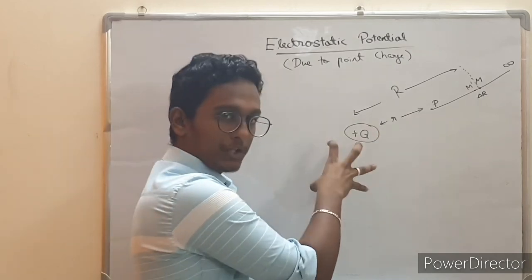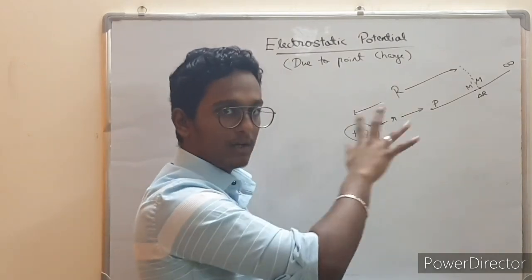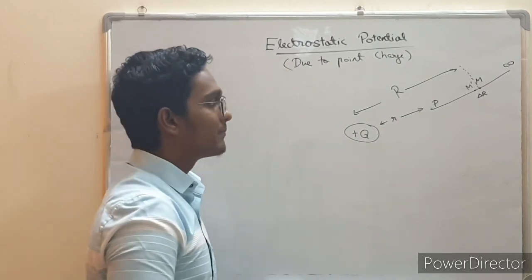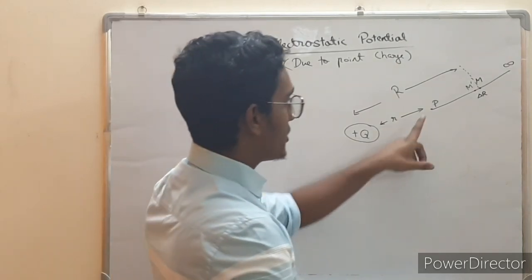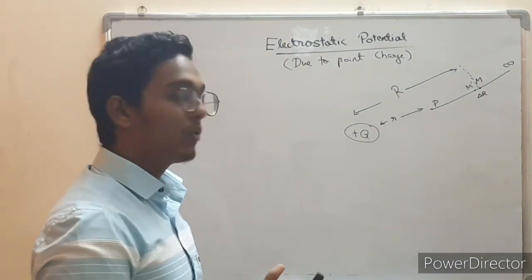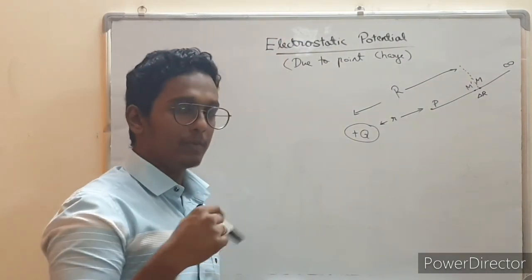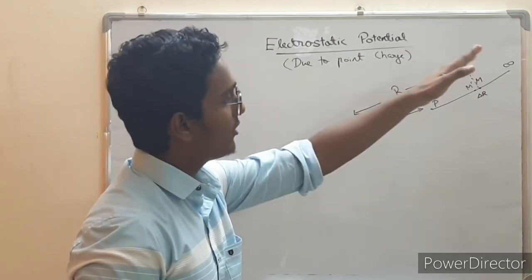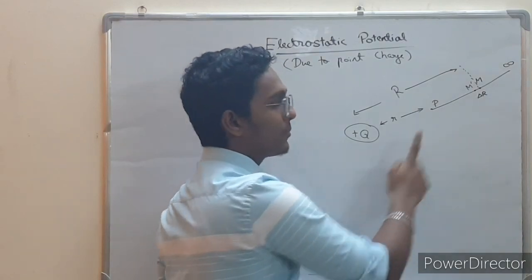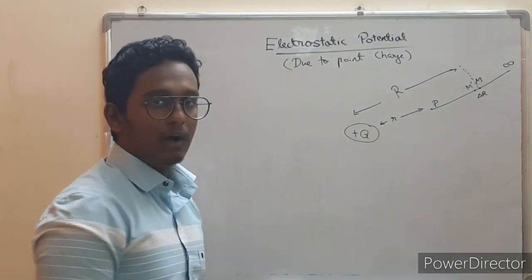There is a positive charge Q, which is emitting electric field lines, which oppose the movement of the positive charge. We need to find the electrostatic potential at point P. And from the definition we just saw, the potential is equal to the work done if we were to bring a positive unit charge from infinity to that point P. So this is that travel distance from infinity to point P. But we do not know how it travels.